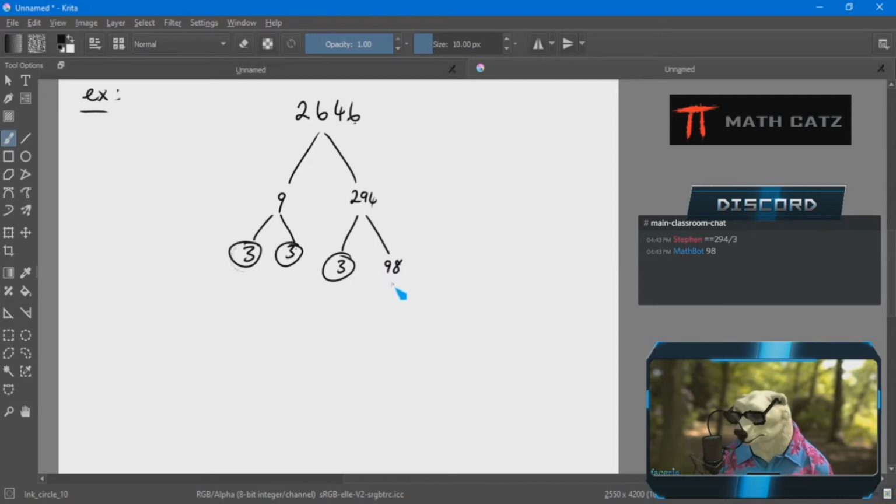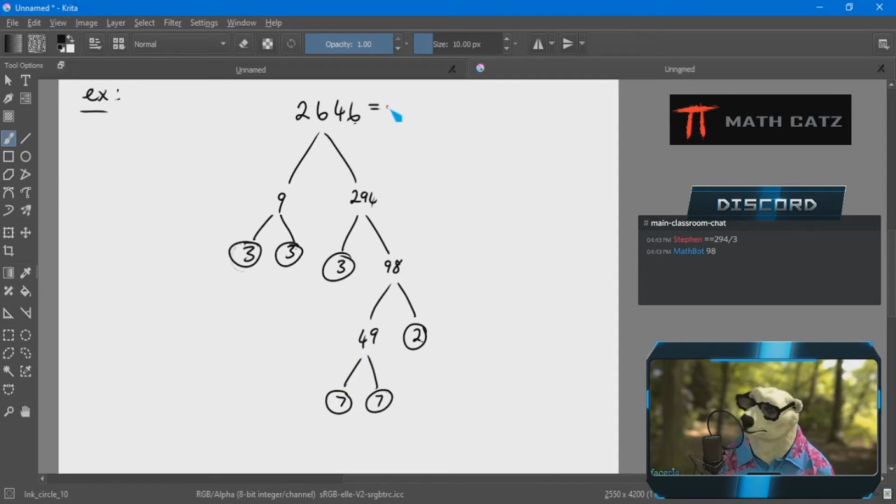Right. Okay. So then I split 98 further. That's 49 times 2. All right. And 49 is 7 and 7. And I have completed all the branches in my tree.